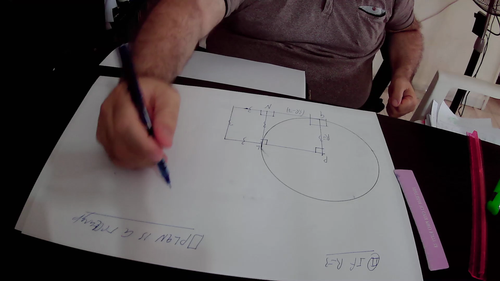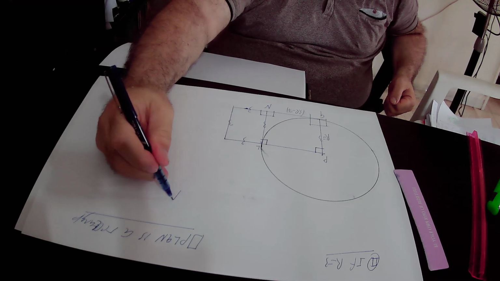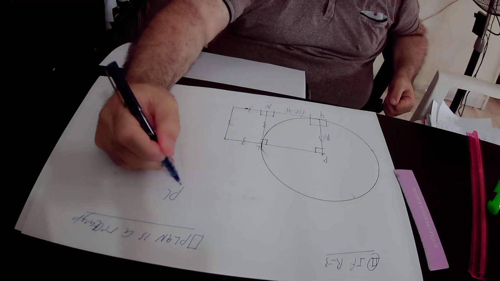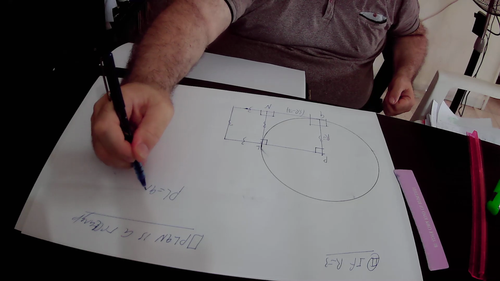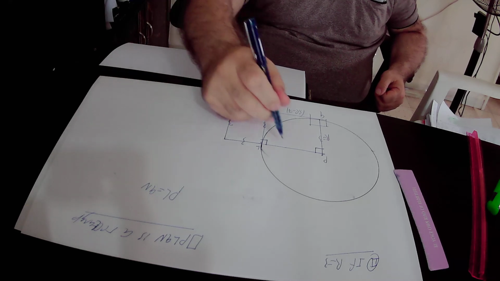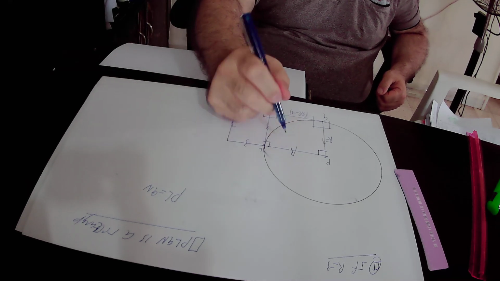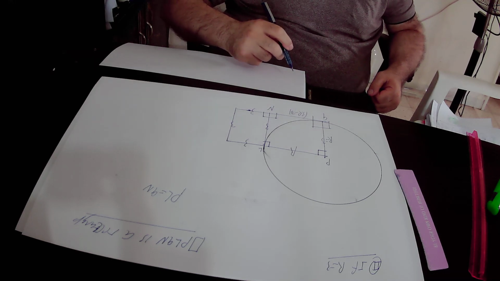That is to say, PL is equal to QN. Here PL equals R, of course, it is the radius of the big circle.